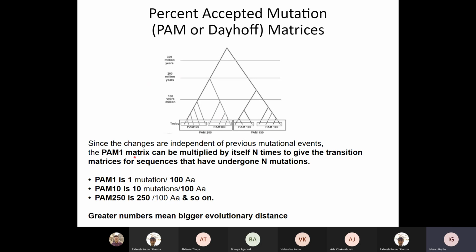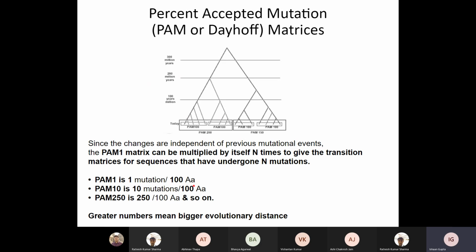PAM1 matrix essentially says that we found one mutation for every 100 amino acids that we looked at. So we looked at those proteins, those protein groups or those locations which were giving us one mutation for every 100 amino acids.